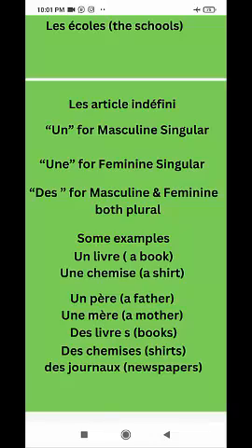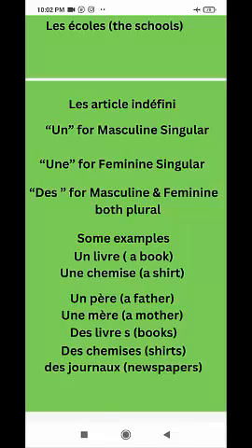Les articles indéfinis. Un for masculine singular. Une for feminine singular. Des for masculine and feminine, both plural. Some examples: un livre, a book.